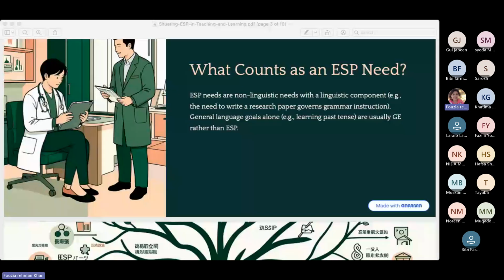There's a difference between the genre and the skills, right? And then there are non-linguistic needs and there are linguistic components, right? I would like you to refer to those also.